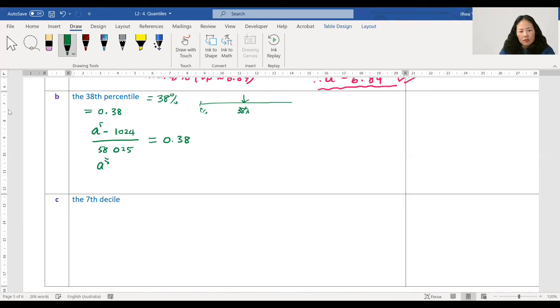Pretty much the same. 0.38 times 58,025 gives us 22,049.5.